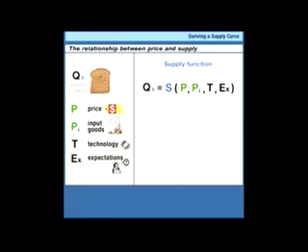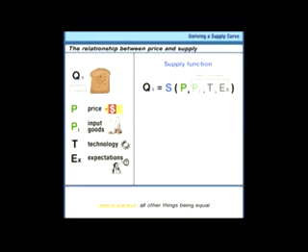Once again, we'll be invoking the assumption ceteris paribus to look at how the quantity of bread supplied in the market is influenced by changes in the market price of bread, holding constant expectations, technology, and the price of inputs. This will give us a supply schedule, and we'll begin by looking at the supply schedule for an individual firm. Suppose we have a baker whose behavior can be summarized in this table.